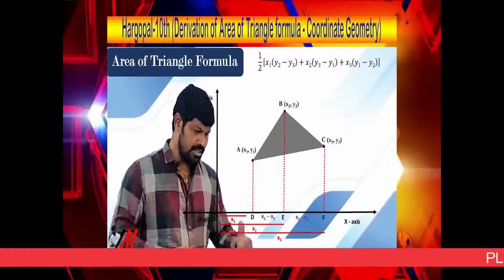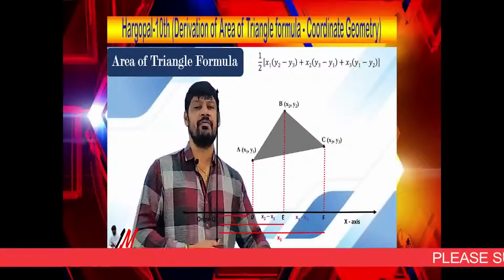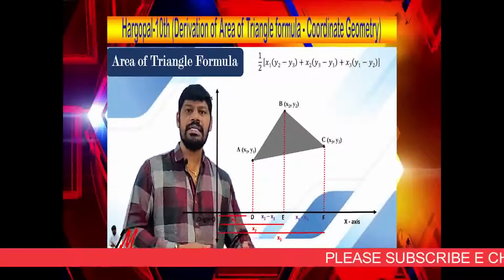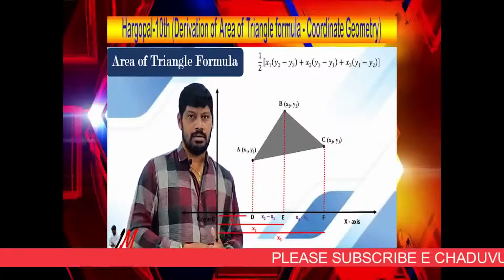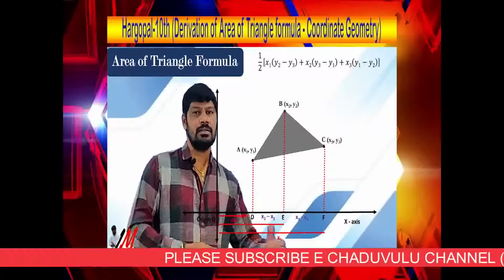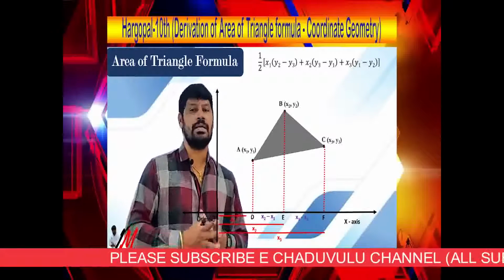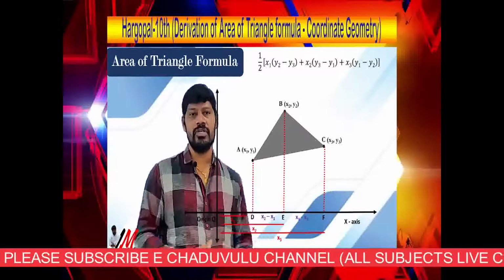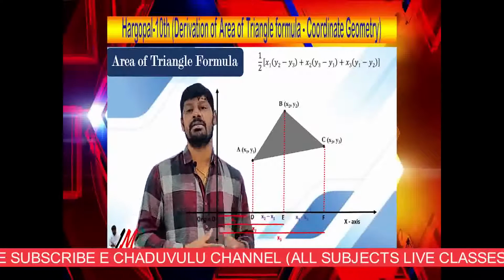Now, is it possible to find the distance between D and E as well as E and F? As OE length is x2 and OD length is x1, the DE length is going to be x2 minus x1. Similarly, if you observe carefully, the length of EF is going to be x3 minus x2.